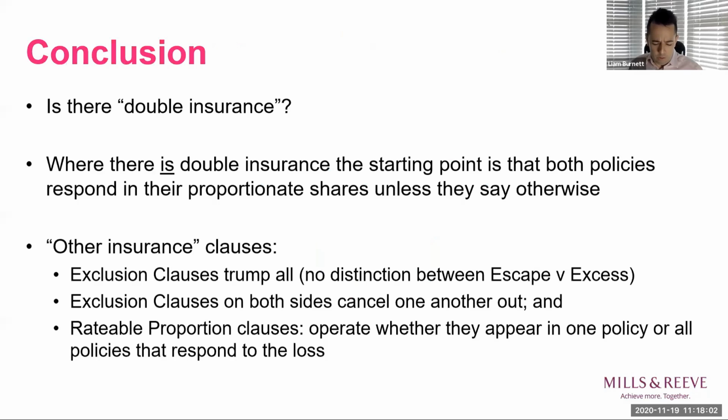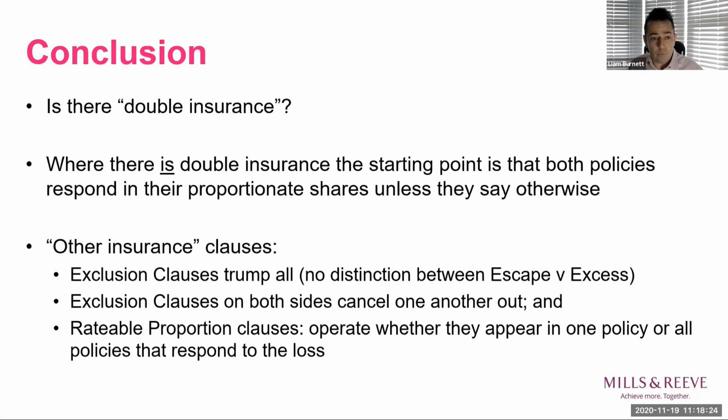In conclusion, in broad terms, the first question is always, is there double insurance? And where there is double insurance, the starting point is that both policies respond in their proportionate shares unless they say otherwise. However, it's highly unusual for policies to remain silent on contribution where there are other insurance clauses.